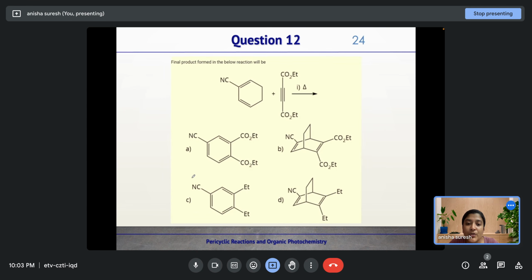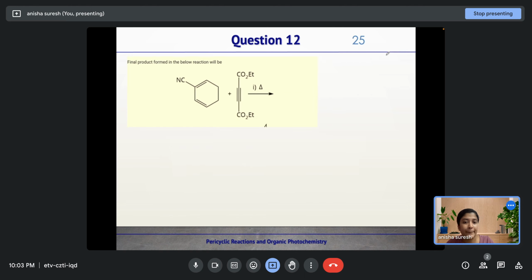Now coming to the question number 12. The final product formed in the following reaction is. So here as you can see, diene is there, a dienophile is there, a 4 plus 2 cycloaddition reaction can take place. Okay. So here this will attack here, this bond will come here and a double bond will be forming here.